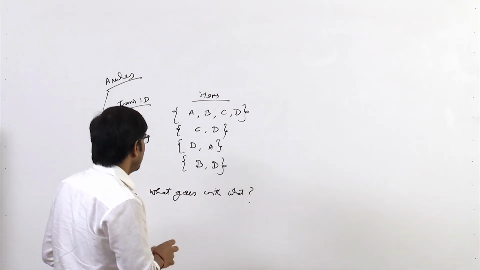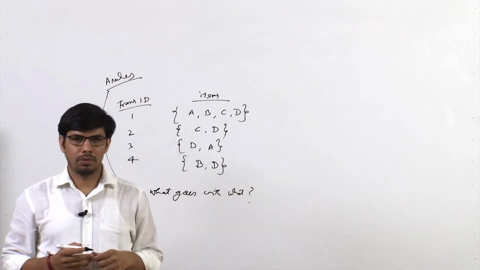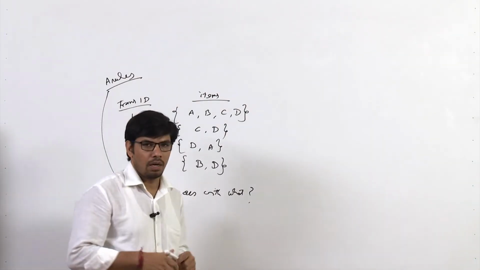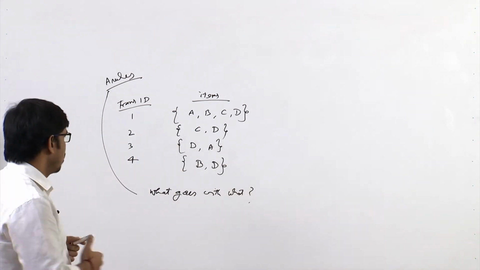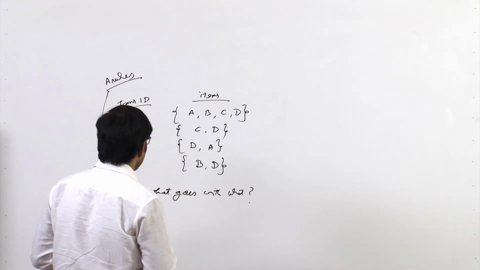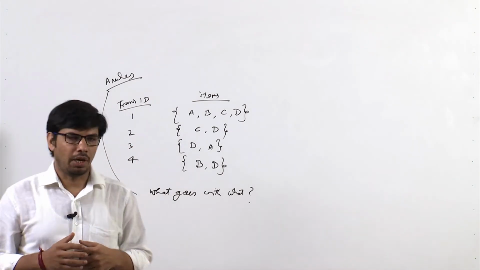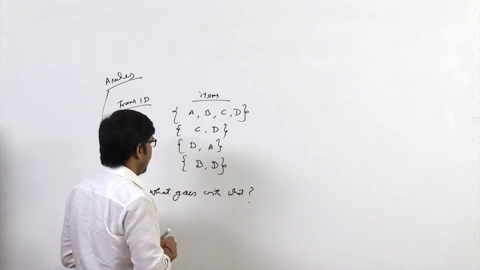We try to identify which item is being bought along with which item, so that we can plan our store layout and other things, promotional offerings and marketing offerings. We can bundle some of the items to boost our sales. Those kinds of things can be done if we are able to identify these.